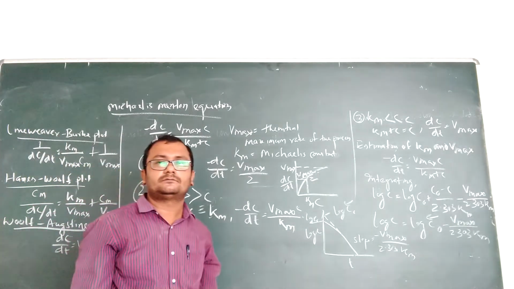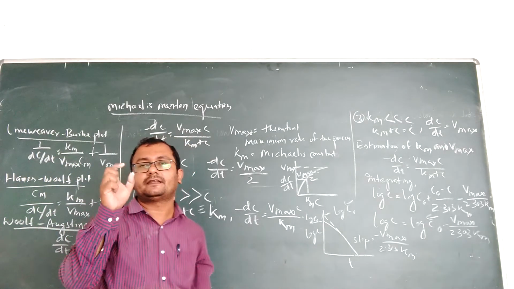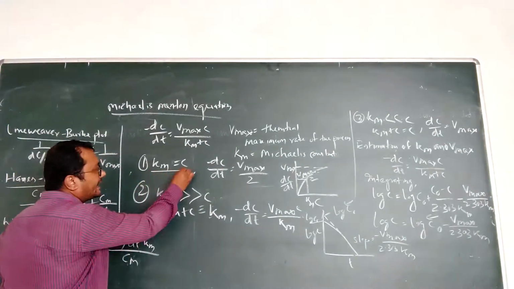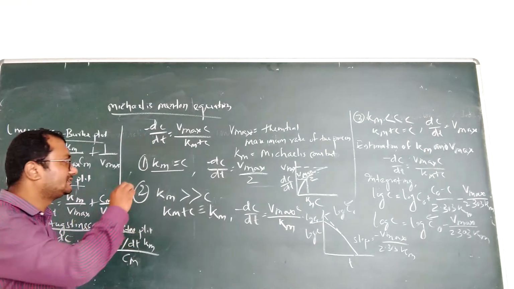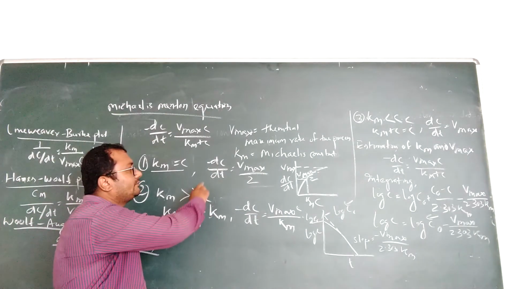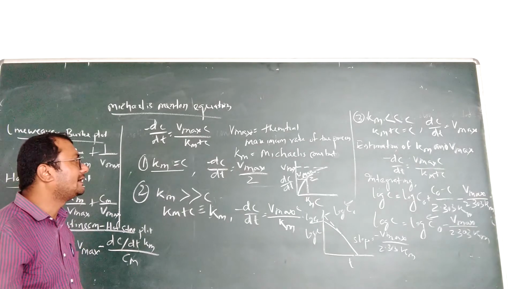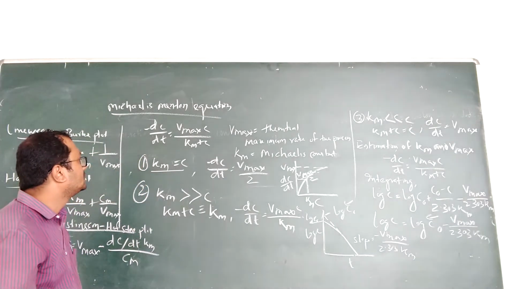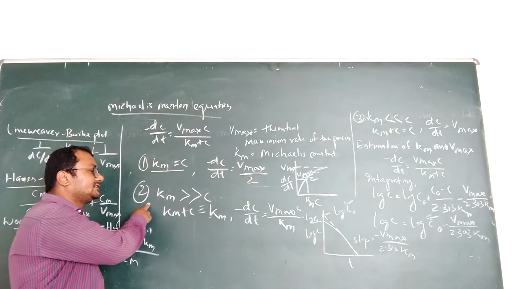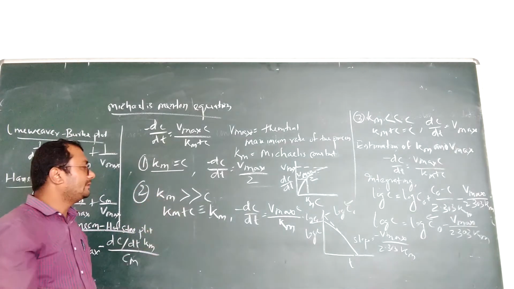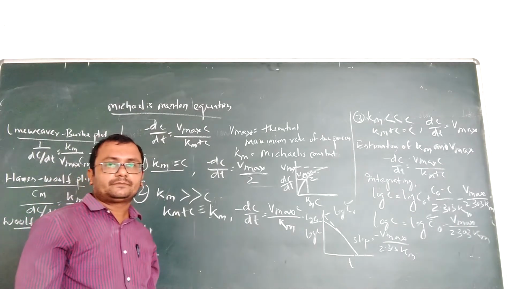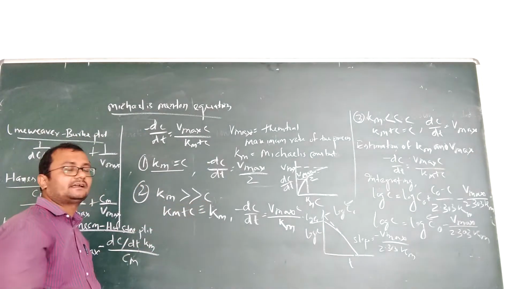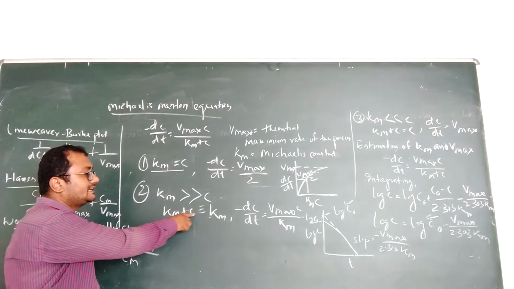Now, when we discuss this equation, there are three possible conditions, three situations. One: Km is equal to C. When both are the same, the equation changes to minus dC by dt equals Vmax divided by 2. Second situation: when Km is far greater than C, C will be neglected, so Km plus C is equal to Km.